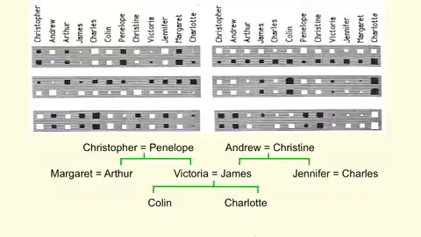And now if you look at the English family tree, you'll see Andrew, James, Charles, Christine and Jennifer are all in the right-hand branch of the family tree. So that unit has learned to represent which branch of the family tree someone is in. Again, that's a very useful feature to have for predicting the output person, because if you know it's a close family relationship, you expect the output to be in the same branch of the family tree as the input.